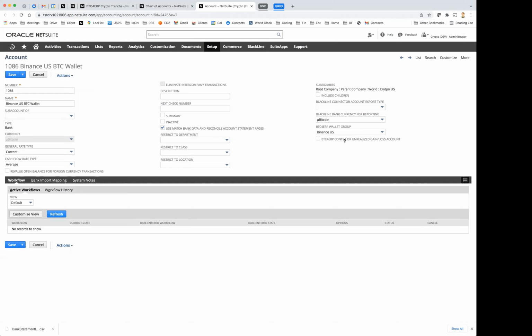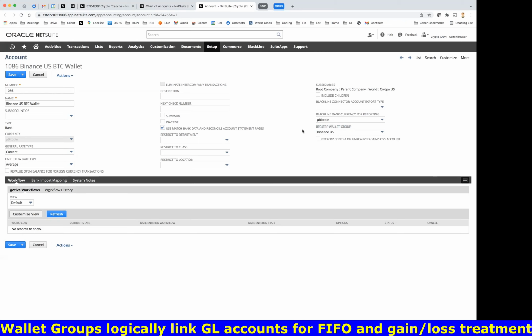One other thing to then see is we have what we call a wallet group. The wallet group is a way to group together transactions for the purpose of creating a FIFO stack. So I can have, as you can see, multiple FIFO stacks. And what we've been working on is, right, if I have different subsidiaries, really I just have a FIFO stack for each sub.